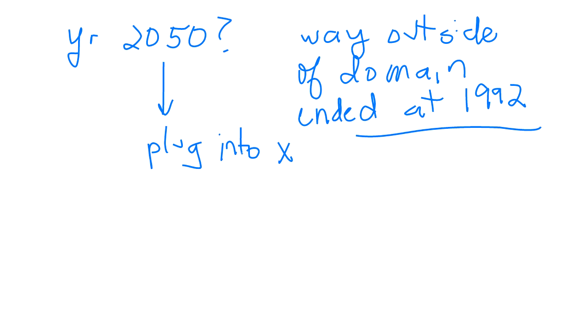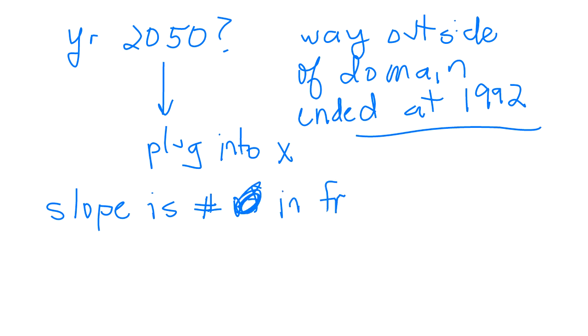And then finally, it asked you about the slope. The slope is the number in front of the X. So here it's 0.156.